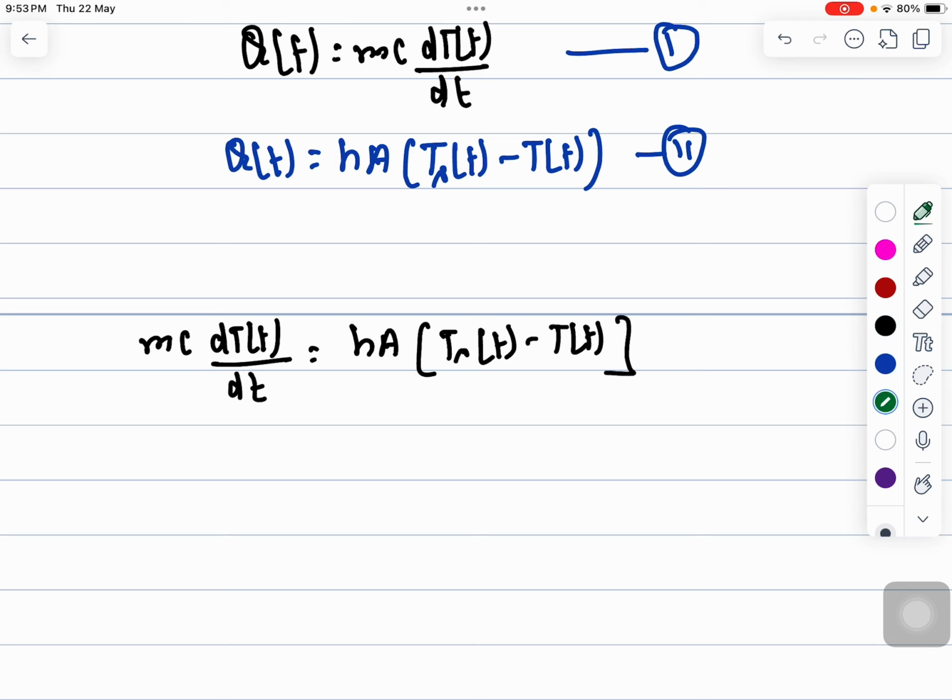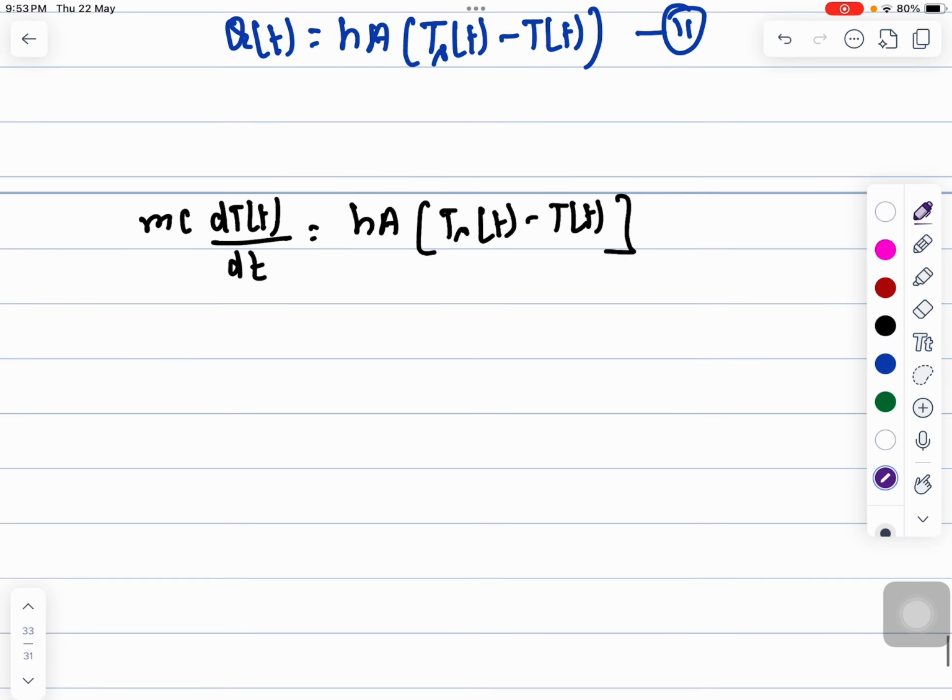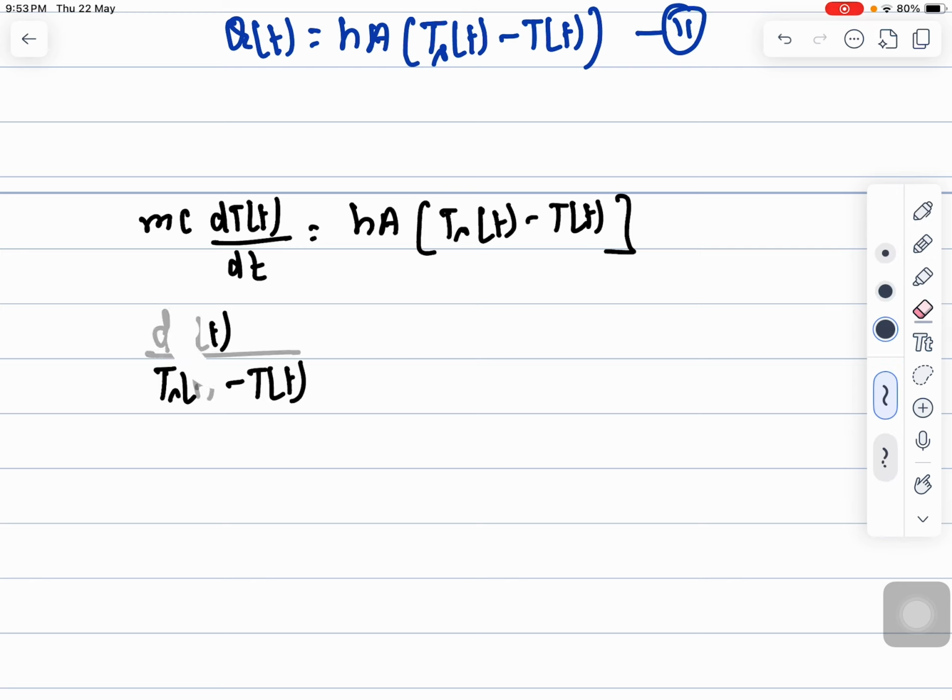Is that clear? And finally, if you do the integration here, I can write dT(t) divided by Ts(t) minus T(t). Or if you don't want to do the integration, just do this, because we are solving these things using this particular formula.